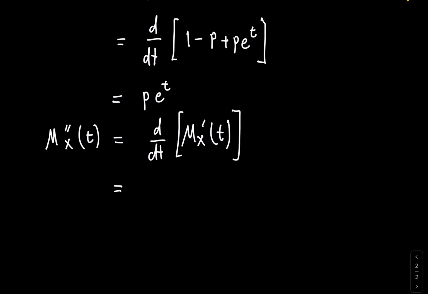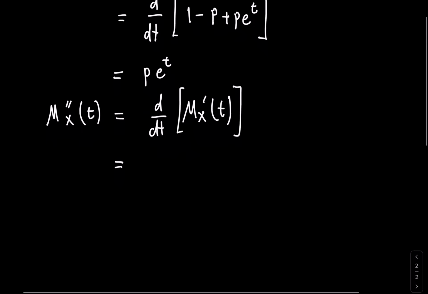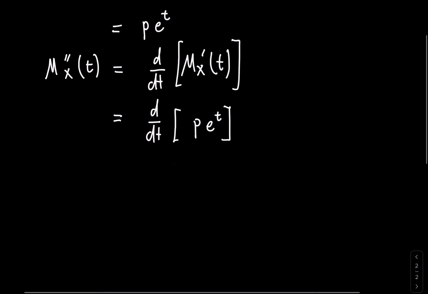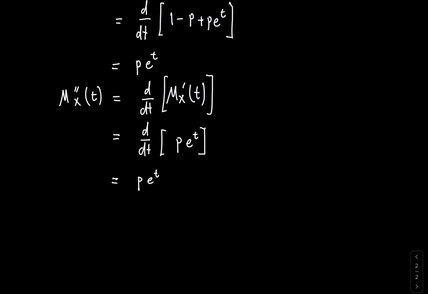We've already calculated our expression for M', the first derivative with respect to t of the moment generating function. So we just plug in that result here, and that gives us p e to the t, which is pretty straightforward. Again, it just becomes p e to the t because the derivative of the exponential is itself.